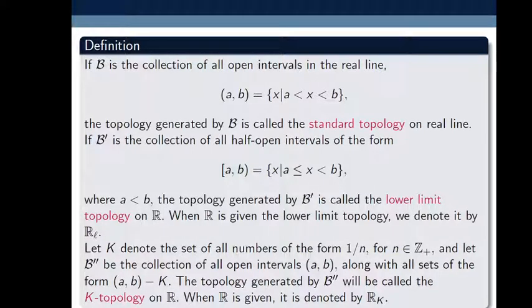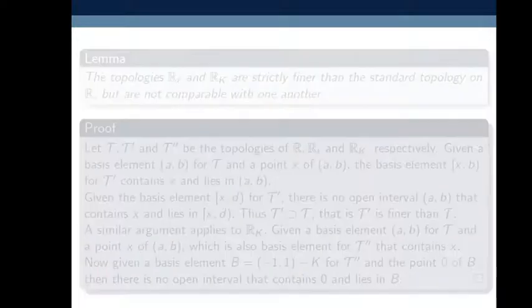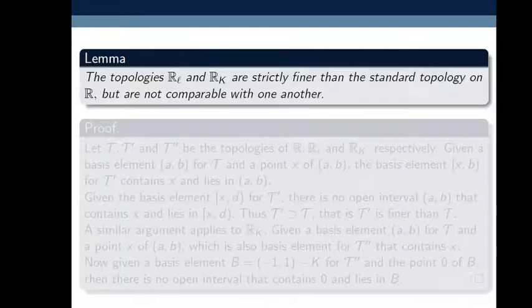And the K topology is generated by script B double dash, which contains the open intervals and also sets of the form open interval (a, b) minus K. The standard topology is denoted simply by R, the lower limit topology by R_L, and the K topology by R_K. Now we try to compare these topologies with respect to the standard topology.